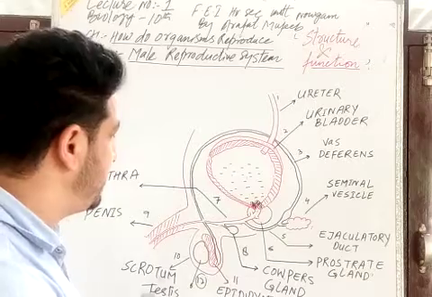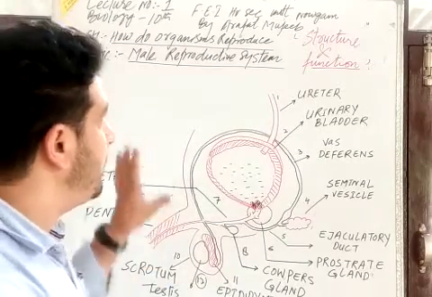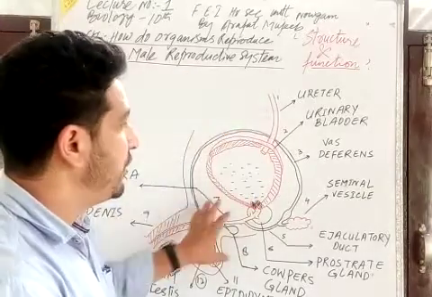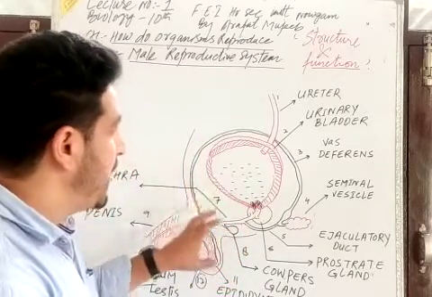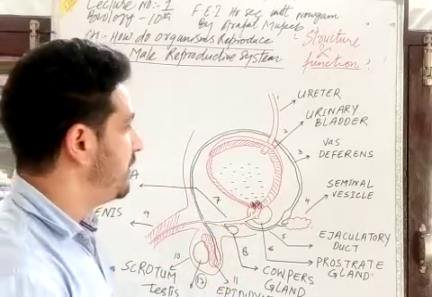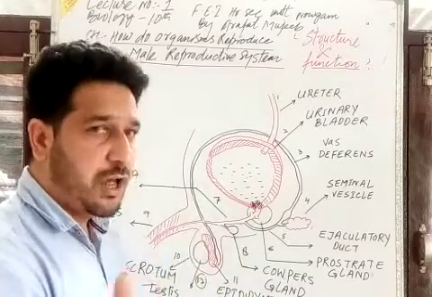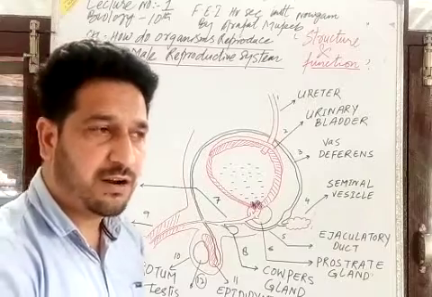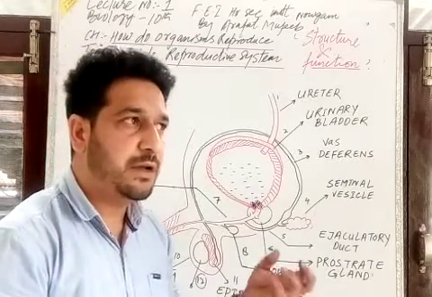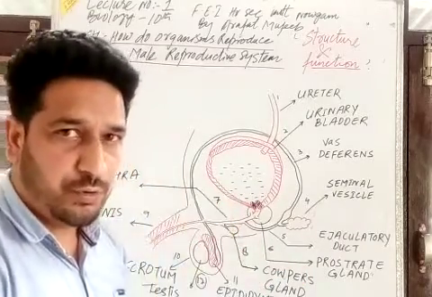Here this is the structure of the male reproductive system, the organs associated with it. And now we will say a little about the function of the testes. If we dissect a pair of testes, there are the seminiferous tubules.